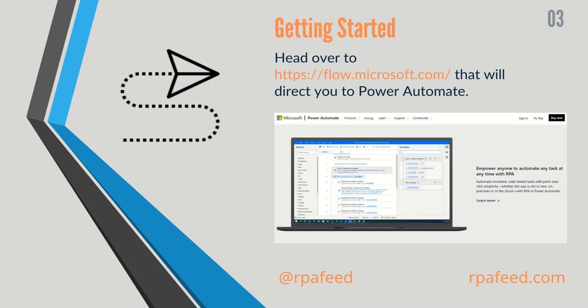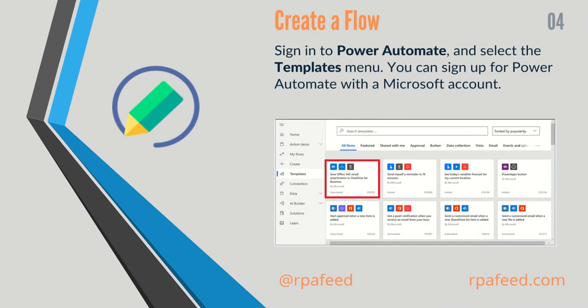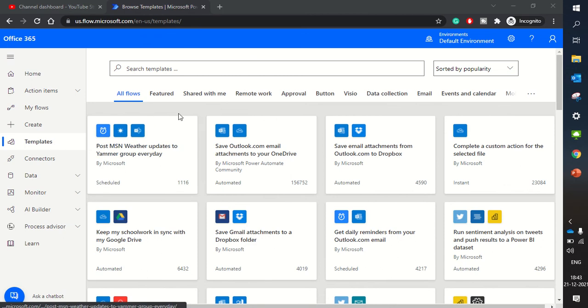We are not going to see anything practically here because this is the starting point, right? And in order to create a flow, after you sign in, you select the templates, which we already did right now. In the templates, you have this flow, right? You can use this predefined flow, or you can create your own flows as well.